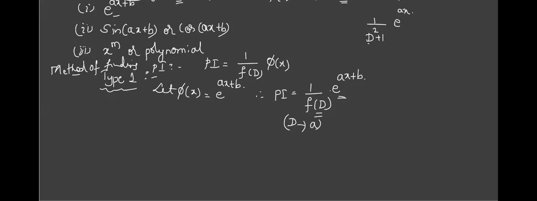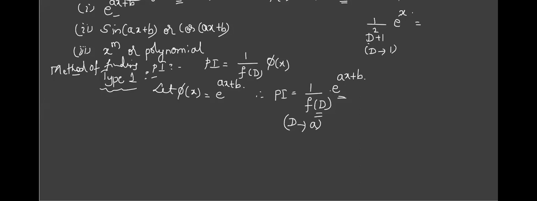For example, suppose I have e raised to x. What is the coefficient of x here? One. Nothing means 1. So you have to replace D by 1. Now, all the D is replaced by 1, so D square becomes 1 square, D cube becomes 1 cube.